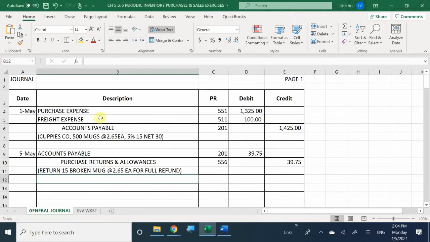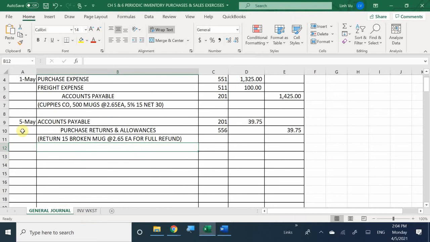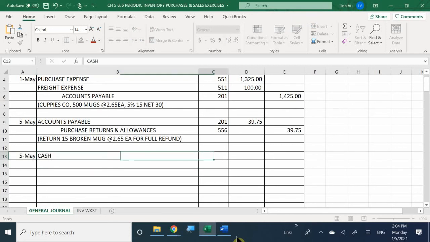So let's go ahead and go into my journal. Same day, so May 5th. What am I receiving? Cash. You're receiving cash, which we recognize as 102. We also have sales, and we also have sales tax.